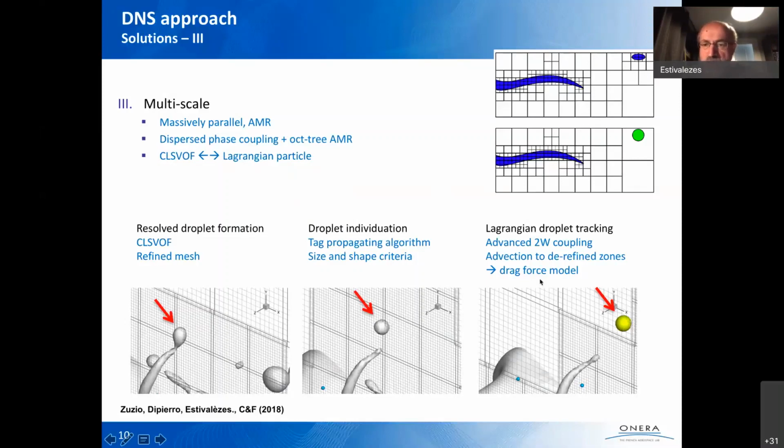Then we unrefine the mesh around this particle, and this particle is treated in a classical Lagrangian way. With this, we gain in the refinement process. So we have something more efficient than a full AMR. The main assumption in that case is that these droplets will remain spherical, that is, the drop doesn't undergo a secondary breakup.